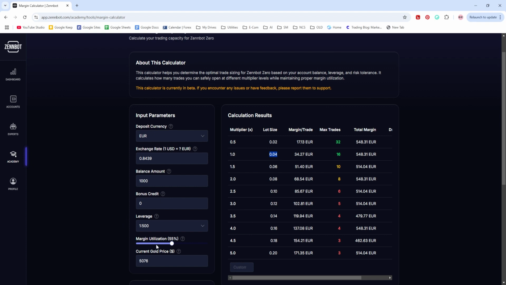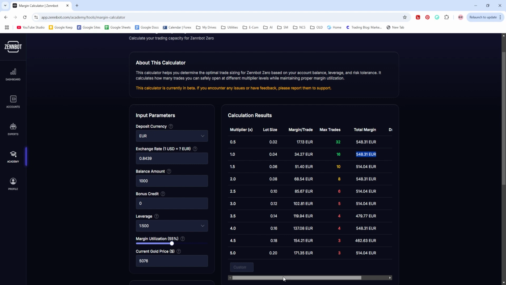Based on the margin utilization and the current gold price, this translates to margin per trade at 34 bucks, giving us room for maximum trades of 16, totally amounting at total margin of 550 bucks almost.